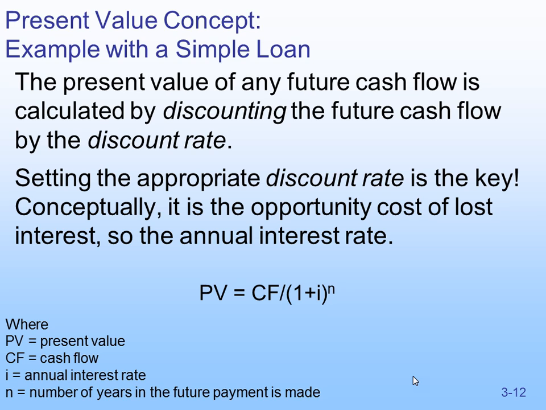It equals the cash flow, what I'll get later, divided by 1 plus the annual interest rate, the discount rate. This is the numerator, this is the denominator. The denominator is raised to the power of n, the number of years in the future that the payment is made.